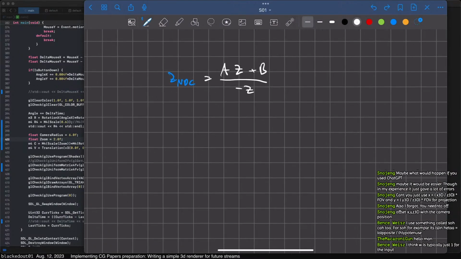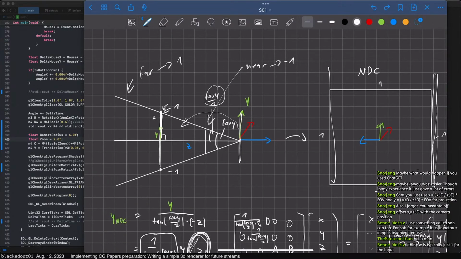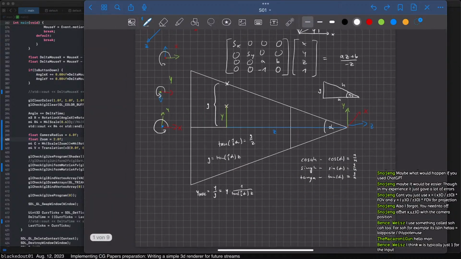So if we plug this in here, because we have now two equations. First, we want the far plane. And again, the far plane, so far is a positive value. And I think I don't want to make a mistake.